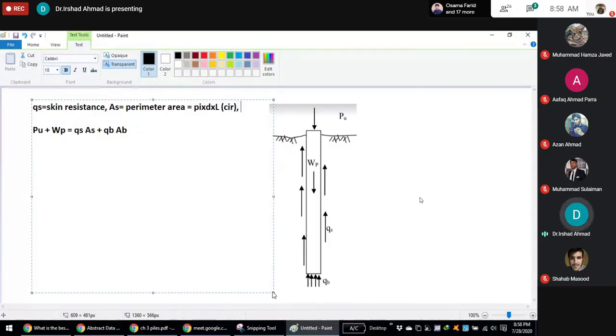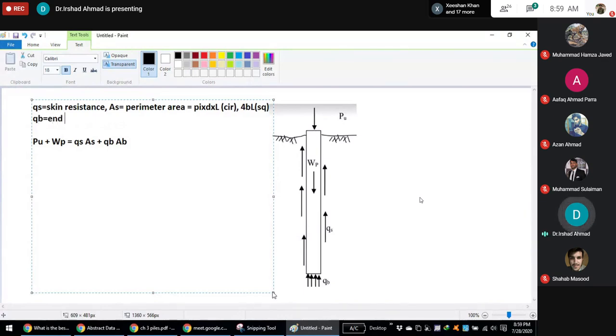But if you have a square pile, then AS would be equal to B by B for a square pile. No, that is wrong. It would be equal to 4B. 4B is the perimeter, L is the length.